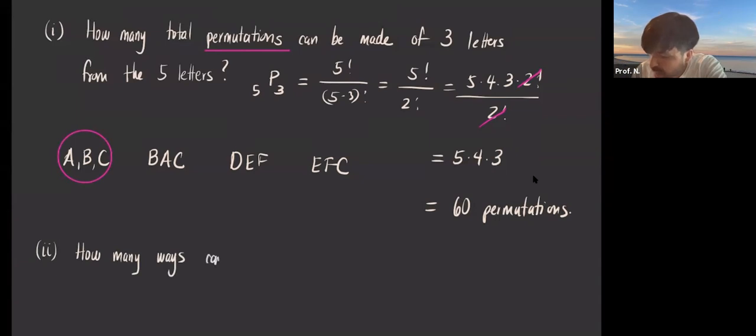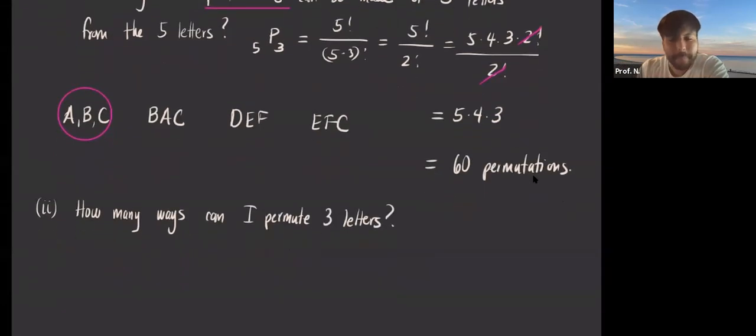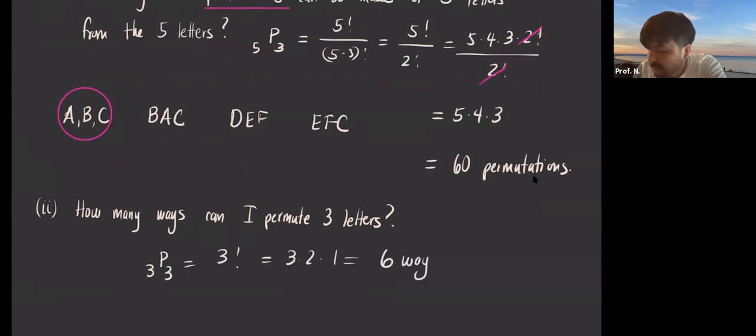It's 3P3. It's 3 factorial. It's 3 times 2 times 1, which is 6 ways. I hope you guys see the connection. I hope you do.